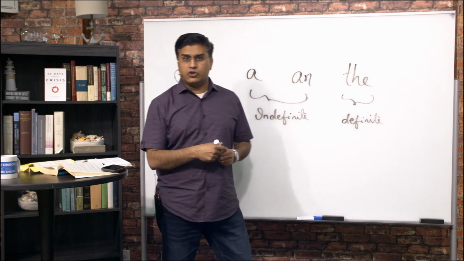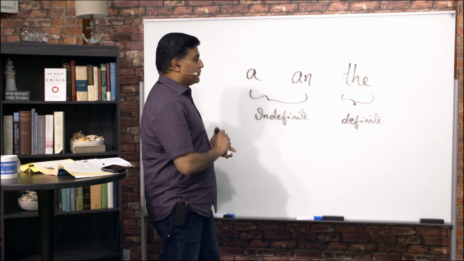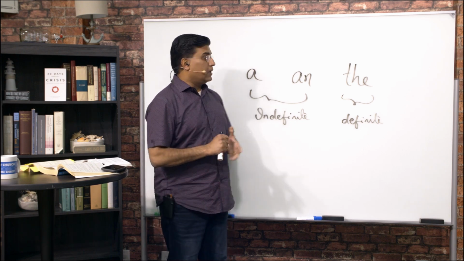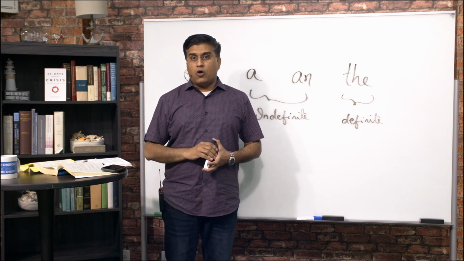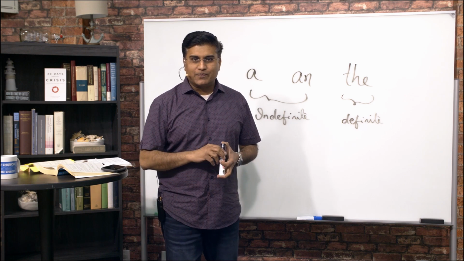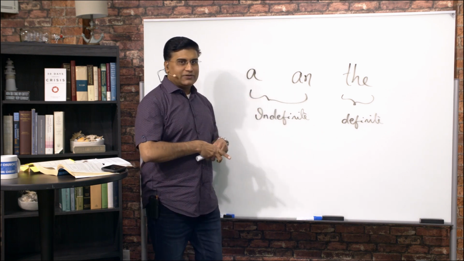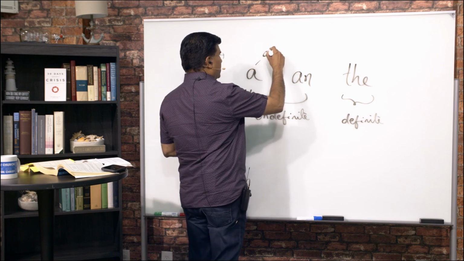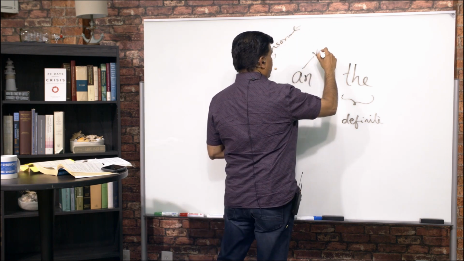You know your English grammar very quickly. A comes before consonants, and an comes before vowels, A, E, I, O, U. But that is sort of a misunderstanding, because it's not just based on consonants and vowels.